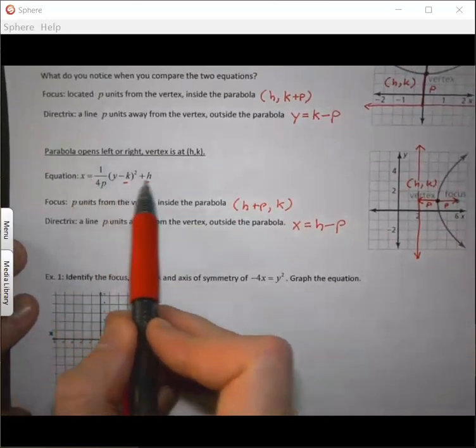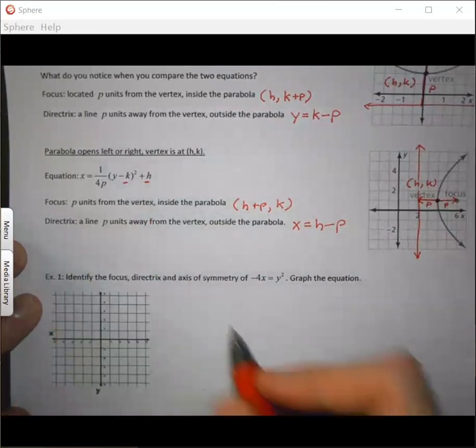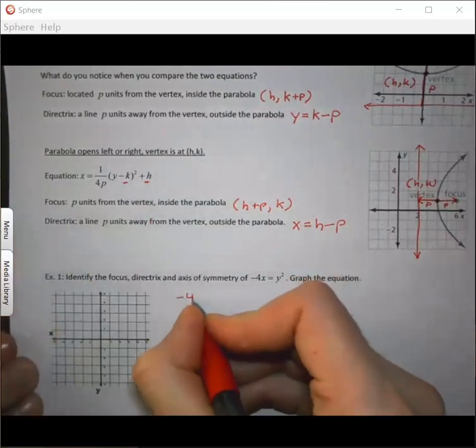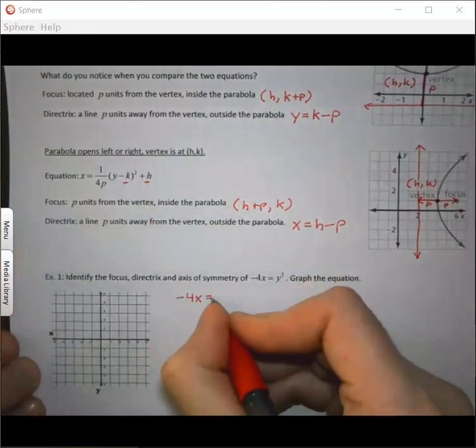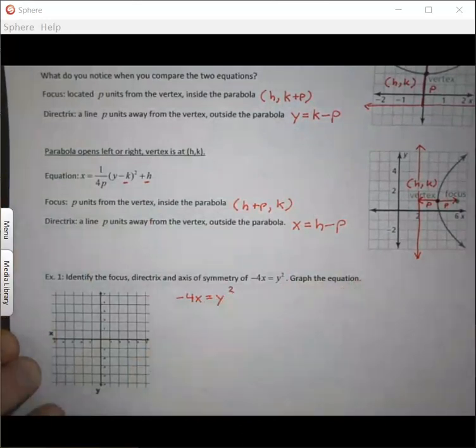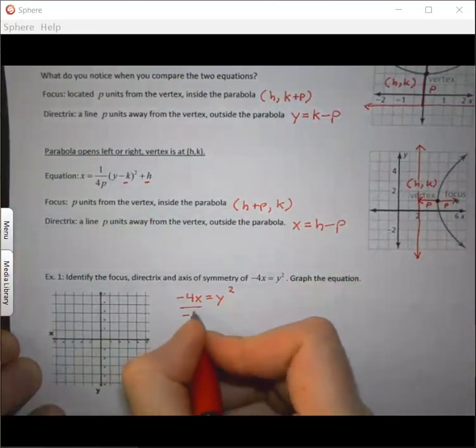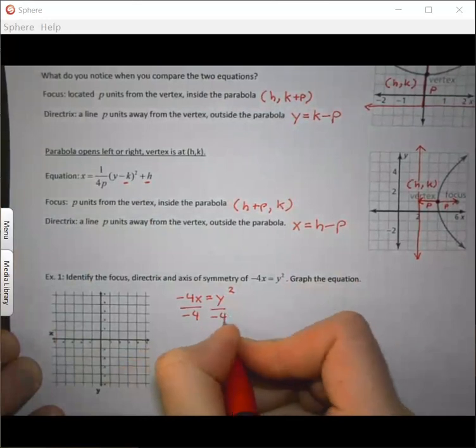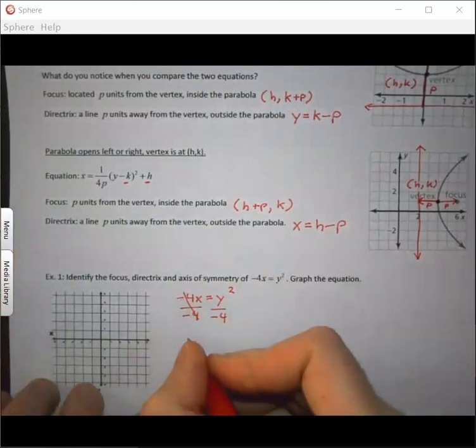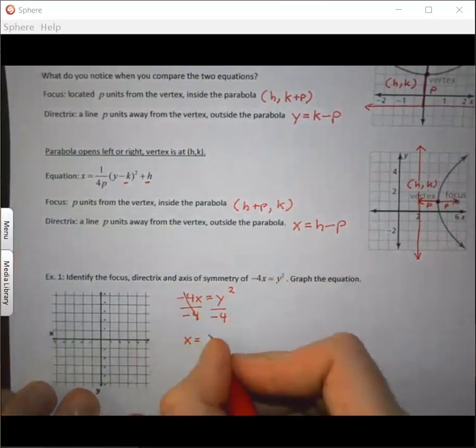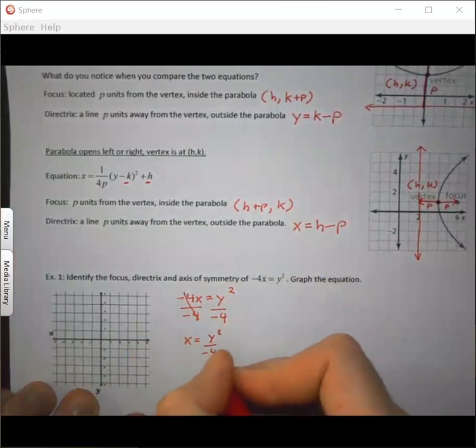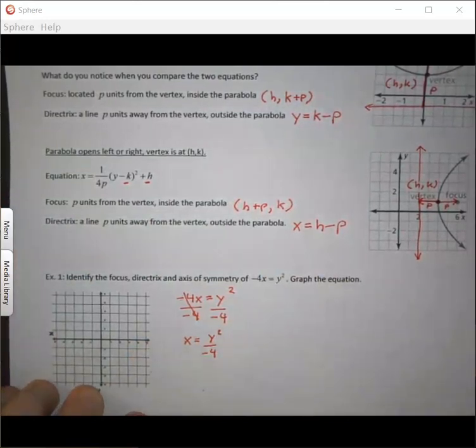So we want it to be in this form. So let's solve for x. Divide both sides by negative 4. We get x equals y squared over negative 4. I can change the notation.